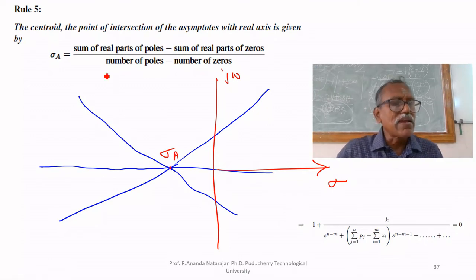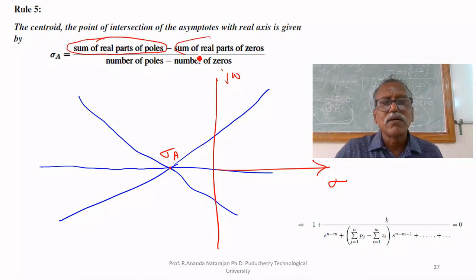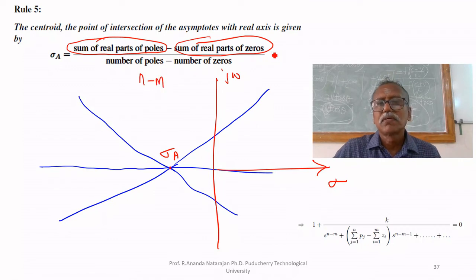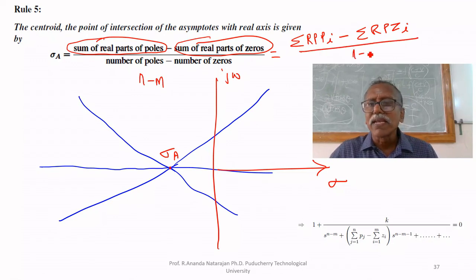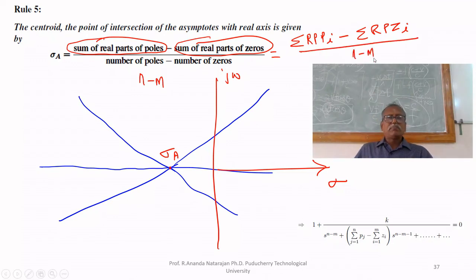Sigma A is equal to the sum of real parts of poles minus the sum of real parts of zeros, divided by n minus m. That is the formula.